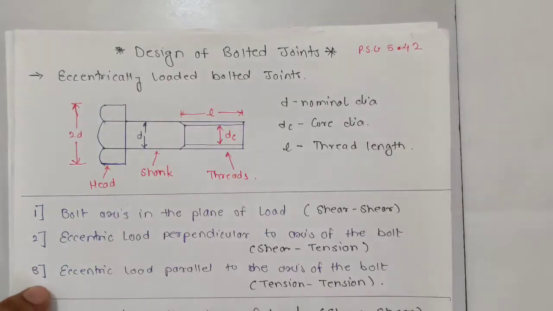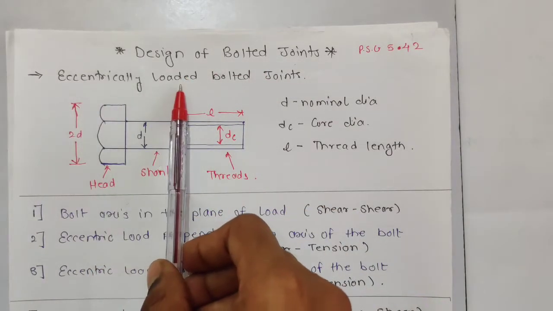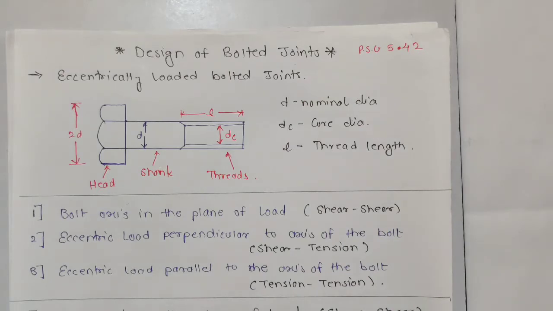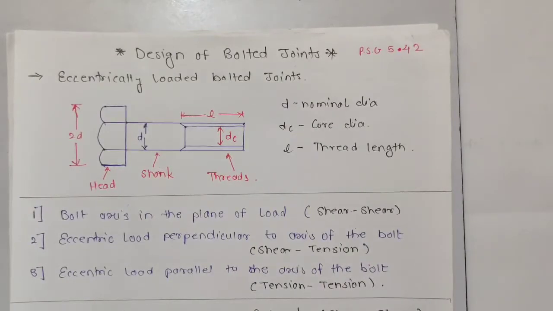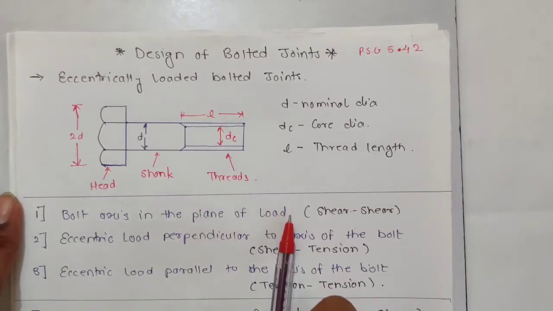In our design process, the bolts will be eccentrically loaded, meaning there will be eccentricity between the line of action of load and the bolt axis. We have three cases. The first case is bolt axis in the plane of load.